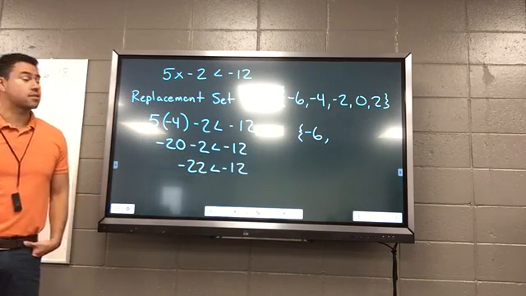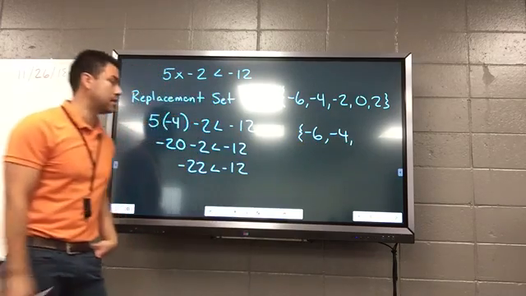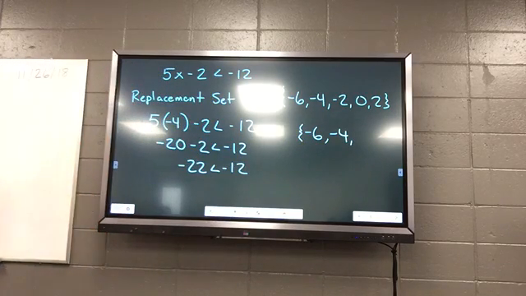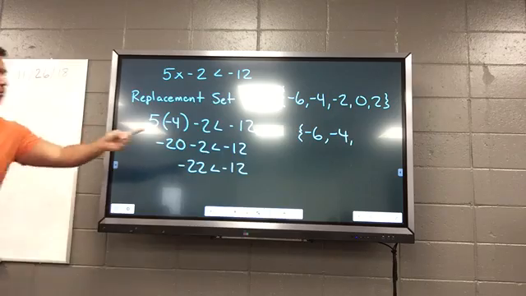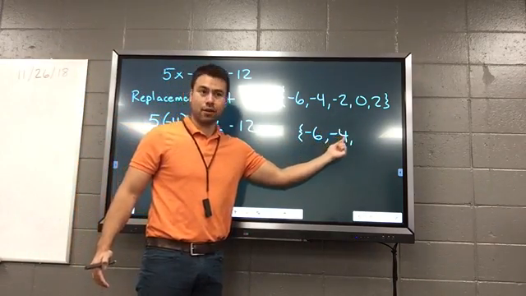Yes, so that's a true statement. Negative 4 is also a part of the solution. Negative 4 works. In fact, is there truth in this problem? What two numbers make it true? Negative 6 and negative 4.